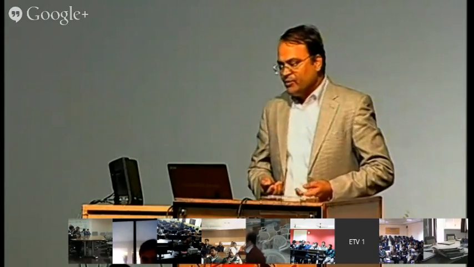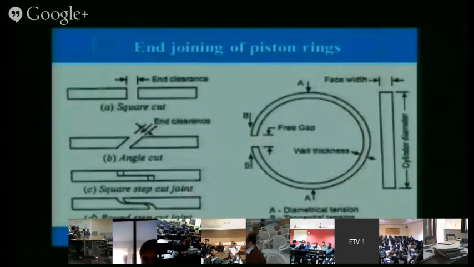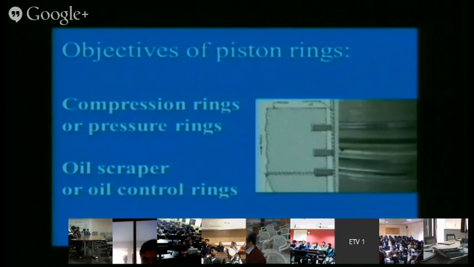So we come to the functioning of the piston ring. The role of the top compression piston ring is very crucial because it is a barrier. On one side there is a hostile environment with huge temperature and pressure, and on the other side there is lubricant.